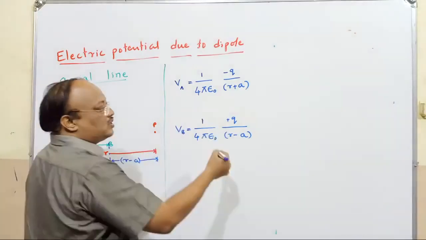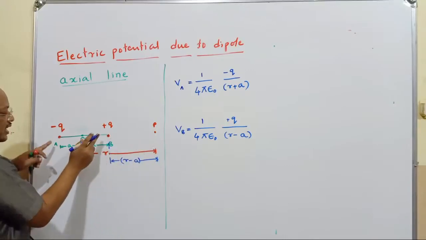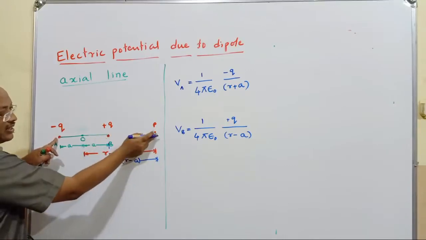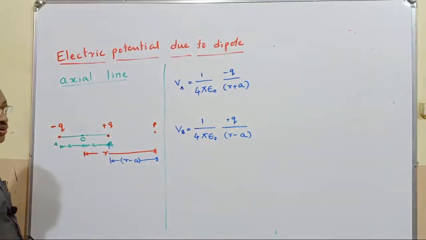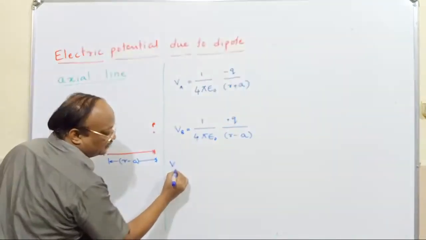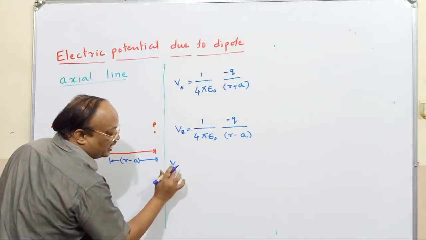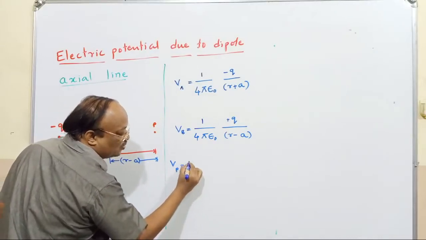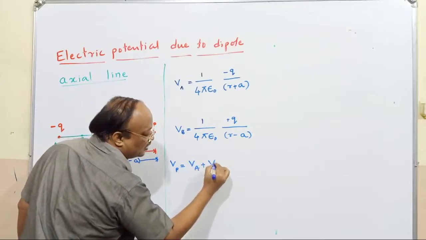Okay. So the potential at this point will be the sum of these two. So potential at P is equal to VA plus VB.